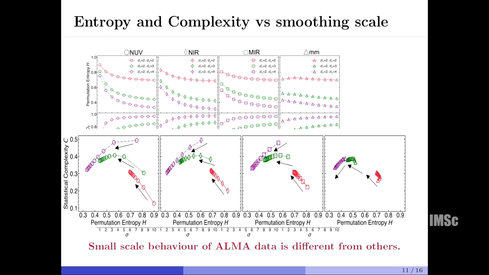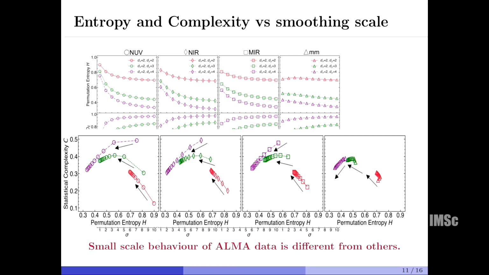Here I have H on the x axis and complexity on the y axis, and these arrows indicate smoothing scales from smaller, high resolution to low resolution, so you can see them behaving in this way. These are the different embedding dimensions, so there is a dependence on the embedding dimension.